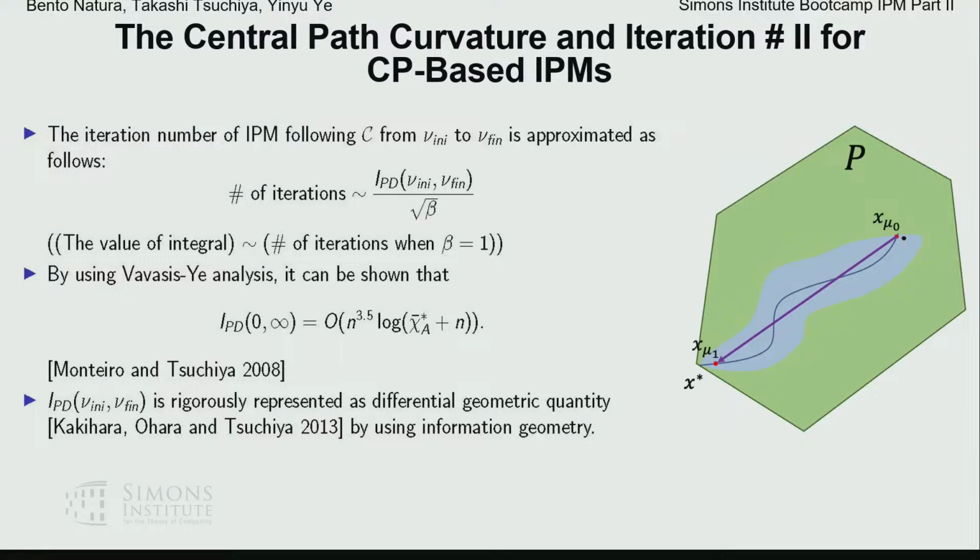If you can prove this is polynomial, then you're done. You can also rigorously represent it by some kind of differential geometry quantity. There is a group of people also using information geometry. So basically everything boils down to the coverage of the central path.